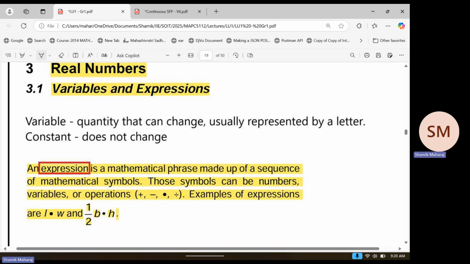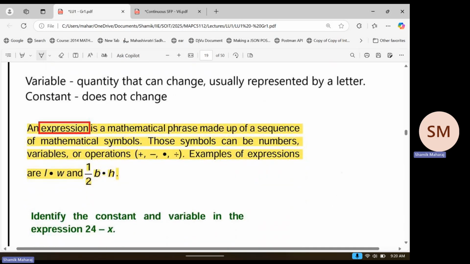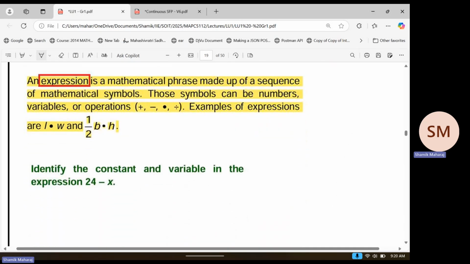So very quickly, I'm going to define 2 things here from this slide, expressions and equations. We don't have to read the story here. I'm just going to define it with an example. An expression is, there's an example here, half base times height is an expression. That's a formula for the area of a triangle.